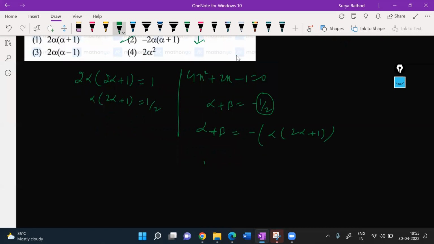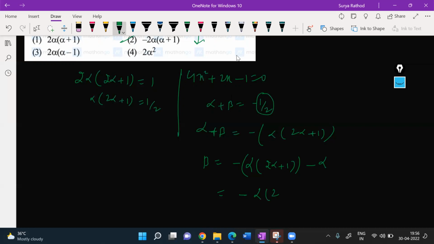So alpha plus beta is equal to minus. Okay, no problem. Let's write the beta value directly. Beta is equal to minus alpha. So minus of alpha into 2 alpha plus 1, minus alpha. What do you get here?